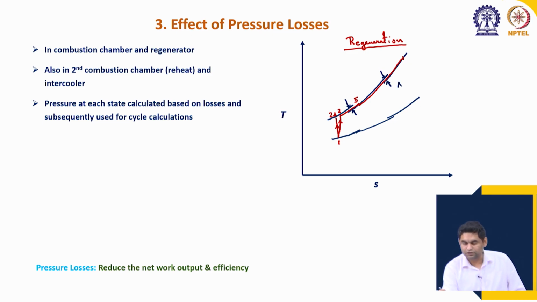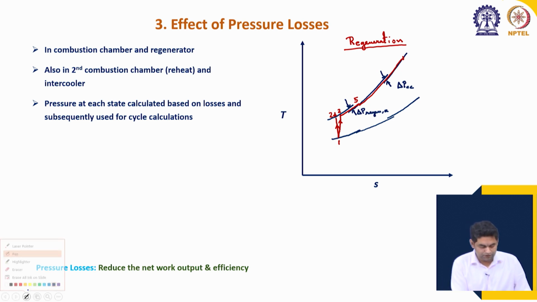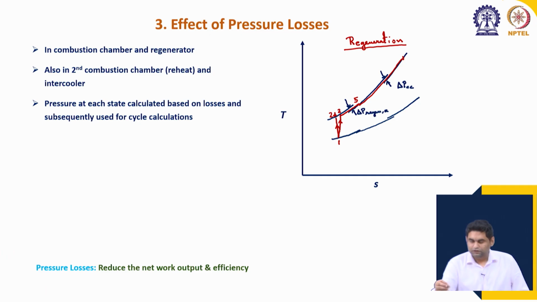Let us call this delta P CC and this delta P regenerator on the air side, okay, delta P regen A. So, 2 to 5 is the regeneration process, 5 to 3 is the combustion process.